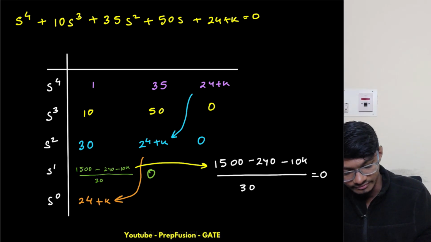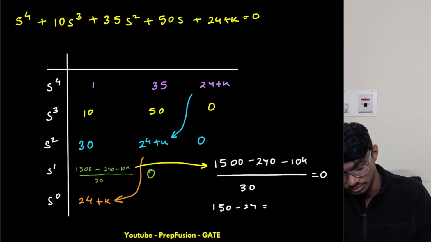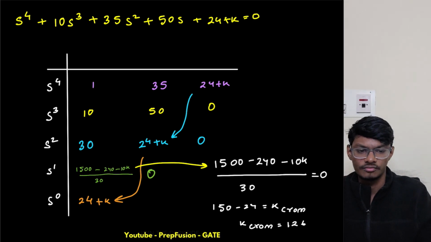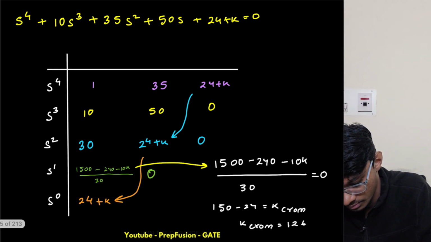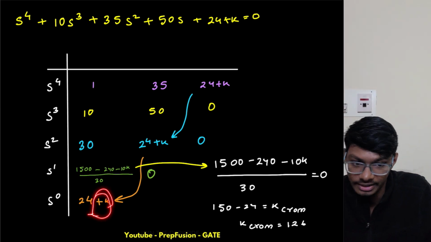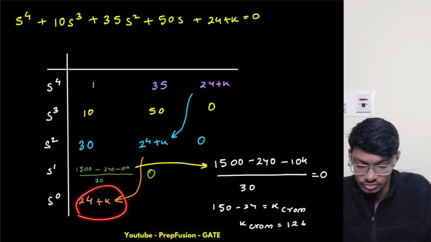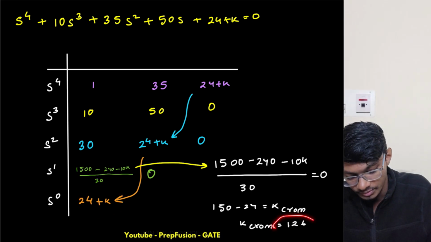If I divide everything by 10, this will be 150 minus 24 equals k, and k cross, from here also I can calculate, will be 126. From here you can also understand that if k is greater than minus 24, it is stable, and between this and 126.